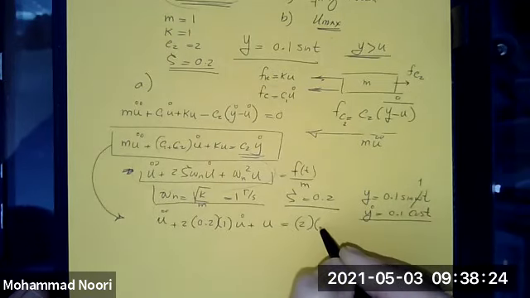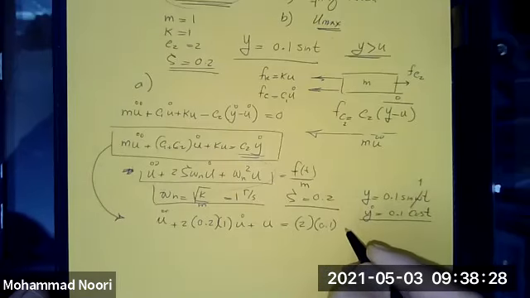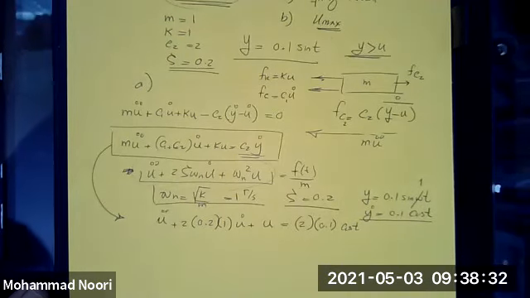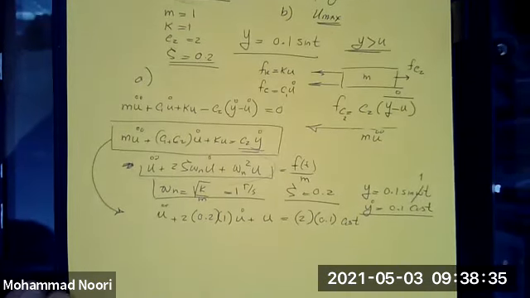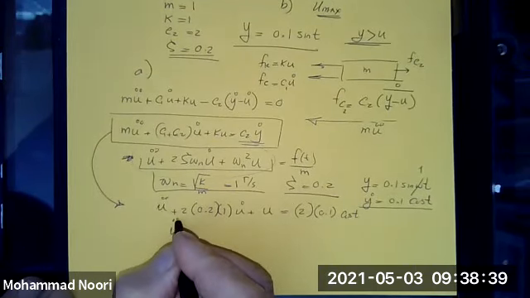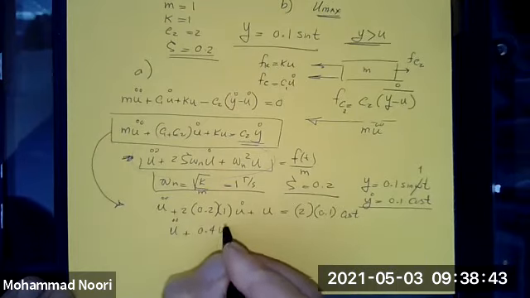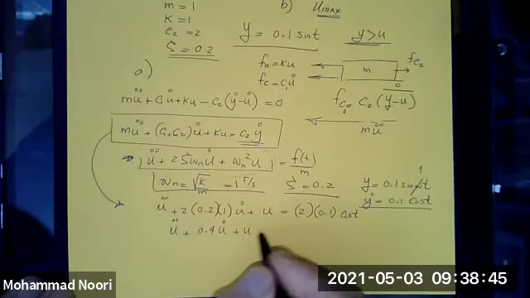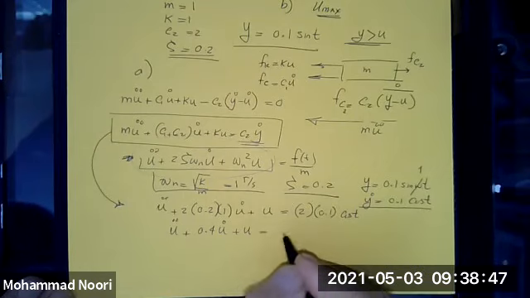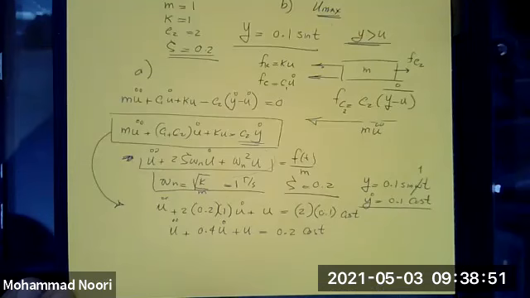So the right-hand side would be just 0.1 times cosine omega t, or cosine t, times c2. Let me simplify that further. You have u double dot plus 0.4 u dot plus u is equal to 0.2 cosine t.